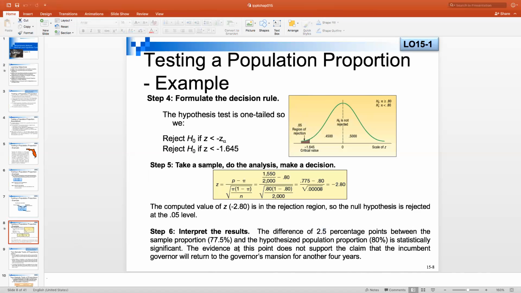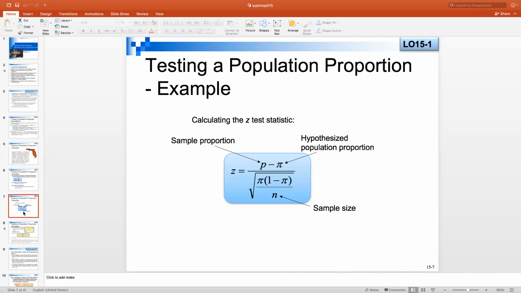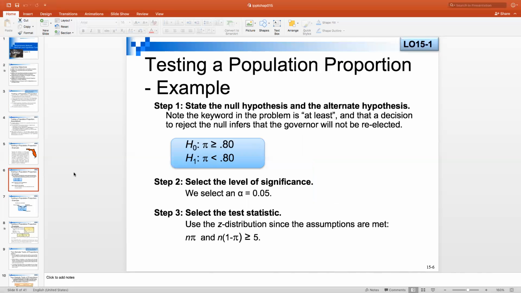Therefore, the evidence at this point does not support the claim that the incumbent governor will return to the governor's mansion for another 4 years. Because we have rejected the fact that the population proportion is greater than 0.8. The sample proportion we received of 0.775 is not greater than 0.8.